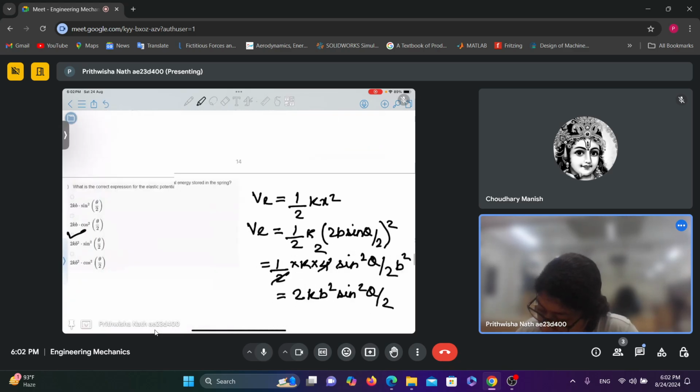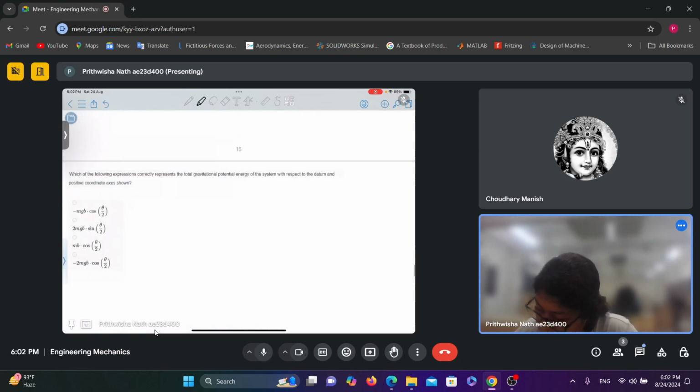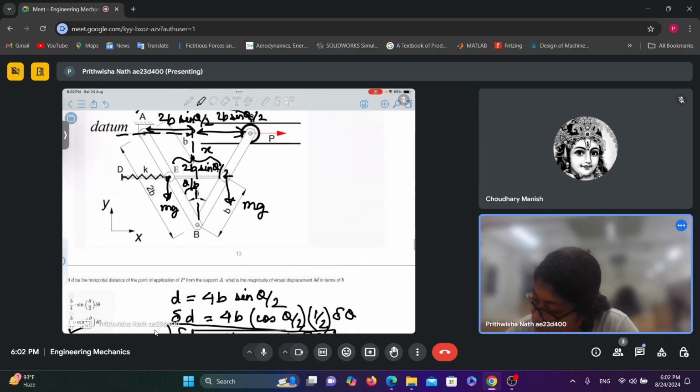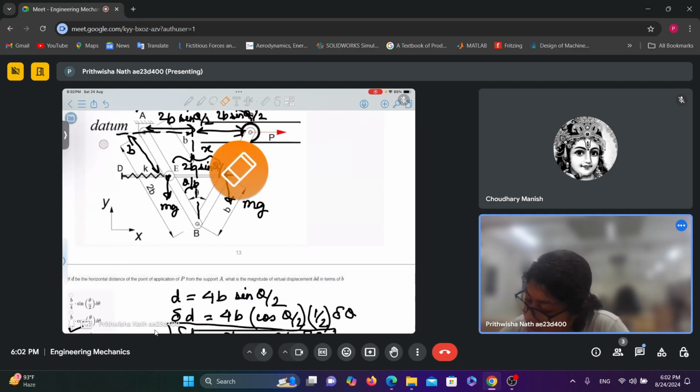So Vg will be 2 mg, and what is this distance? Can you tell me what will be this distance? This is b, right? And this angle is also theta by 2. So what can you say about this height? What will be this height?